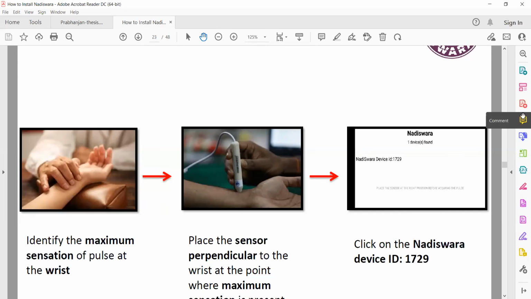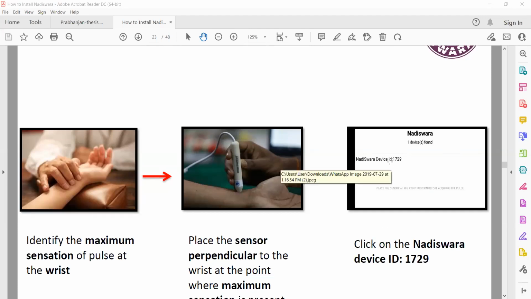So we recommend you to keep the sensor at a position where you are feeling a maximum amplitude or maximum sensation. And once that is identified, just keep the sensor exactly perpendicular to the wrist position and slightly vary the pressure, and you can click on the device ID.